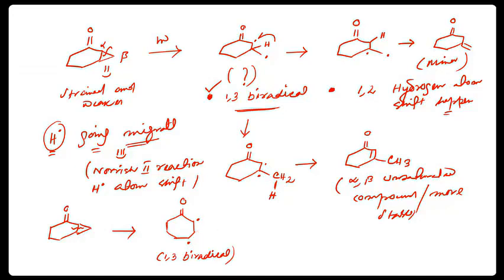So definitely we have two hydrogens, one here, another here. Let's say this is HA, and this is HB. Okay. So if HB migrates, a hydrogen shift will happen from here to here, and then we will have a double bond around these positions.